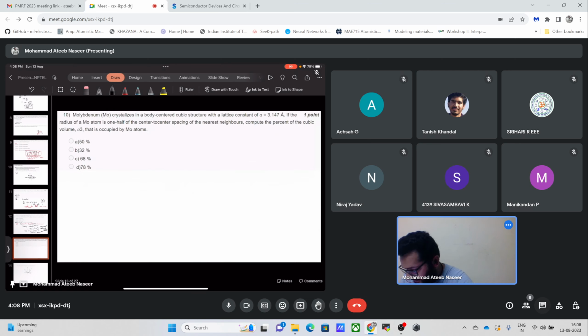Now let's move towards another problem, which is regarding this body-centered cubic structure.